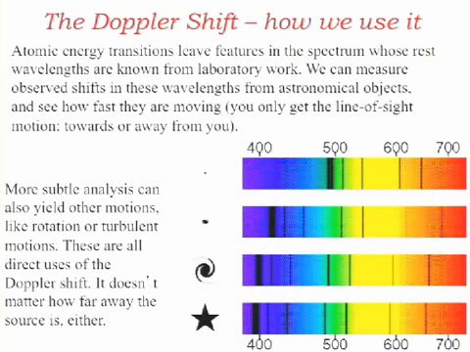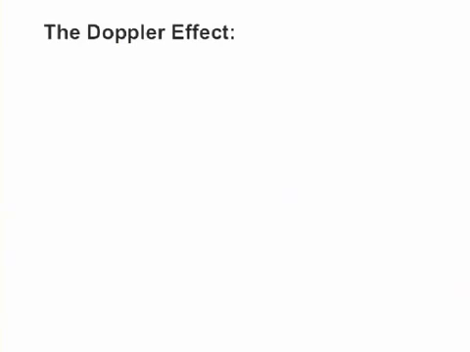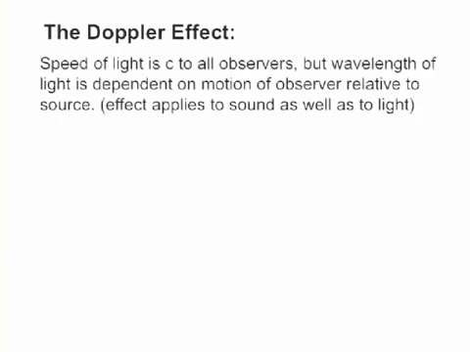This is why so much telescope time is used to study it, and I'll tell you why a little more. Now, the Doppler effect: first of all, c, the speed of light, is the same to all observers. We'll talk about why that is a little later.